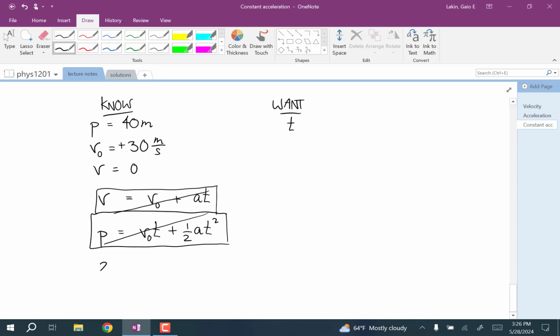What about the last equation? 2a times p is equal to v squared minus v0 squared. There's no real suspense here. Well, first of all, there's no t, so we couldn't solve for it anyways. But there's an a in the equation. We don't know a, so none of these are going to work.